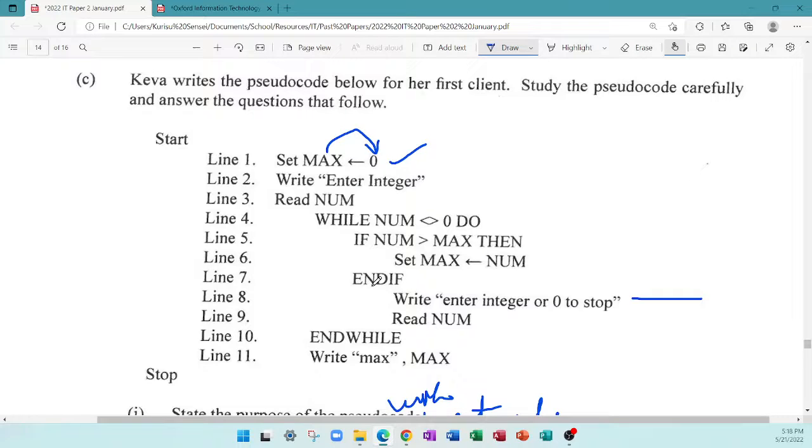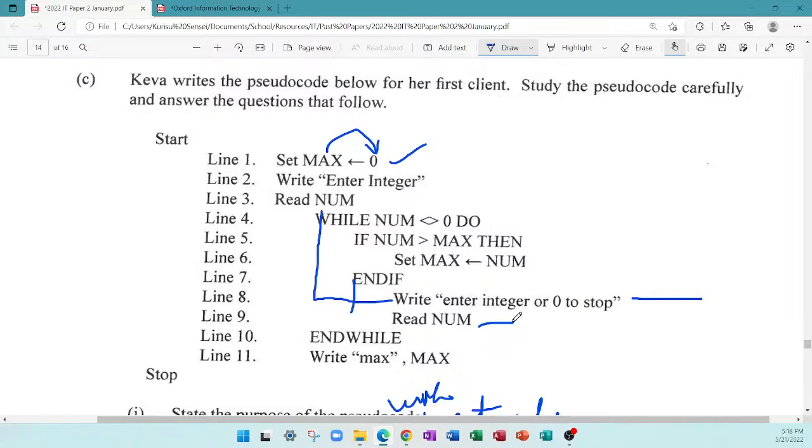This line here actually should not be indented. It should actually come out in line with this while here, because it's part of this while, or even in line with this end if here, so that it shows that when you come out of the loop, come out of the if, you're gonna run this statement here, write enter integer or 0 to stop, so enter a number to continue basically, or 0 to stop the loop.